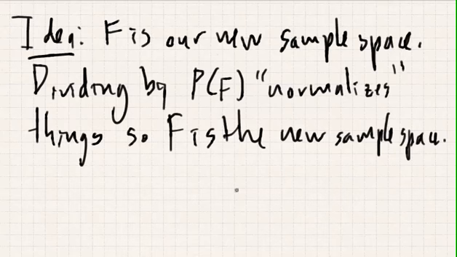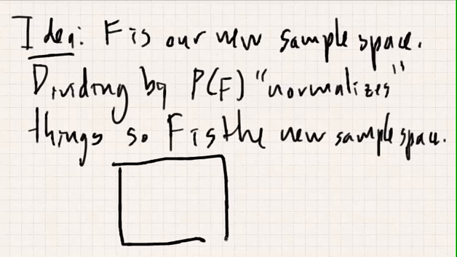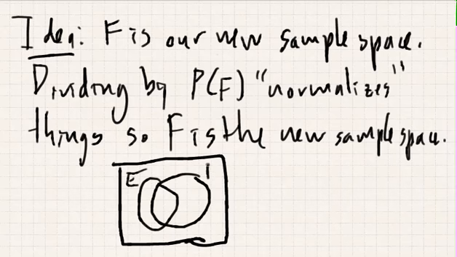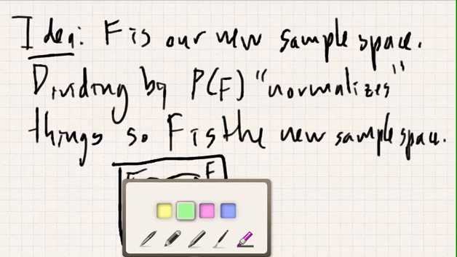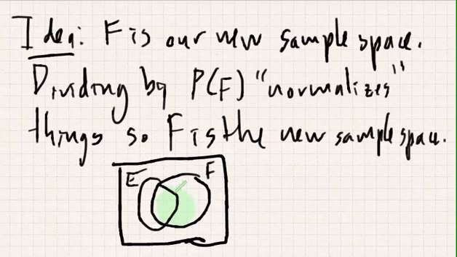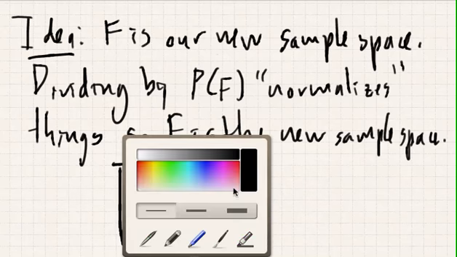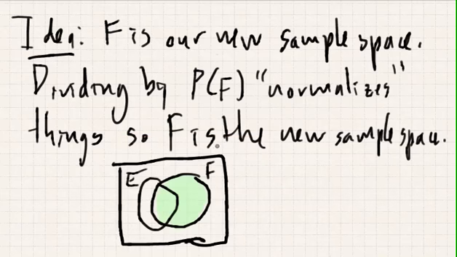Okay. And sort of a Venn diagram picture of this would be something like, here's E, here is F, and what's happening when we do a conditional probability is that all of a sudden F is becoming the sample space and we're ignoring everything else outside of F. That also explains why we only care about E intersect F, because E intersect F is the portion of E that's inside of F. So if we're looking for the probability that E happens, we're already assuming that F has happened.